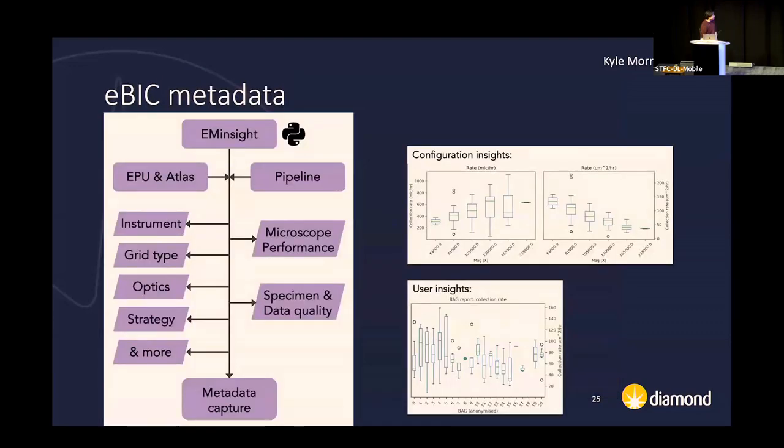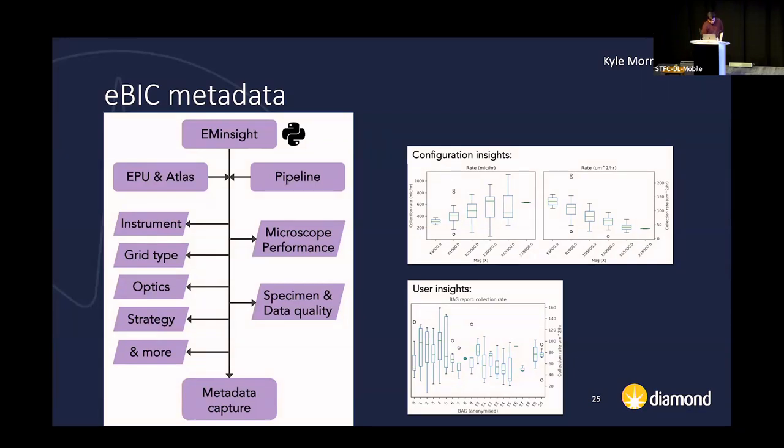And then another miscellaneous thing is something that Kyle Morris, the senior scientist at eBIC, has been working on, which we've helped him with a bit, which is trying to gather some metadata, both from the EPU outputs and from a processing pipeline, to look at various things.